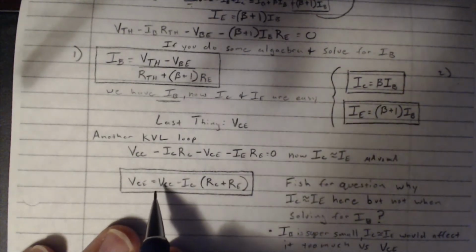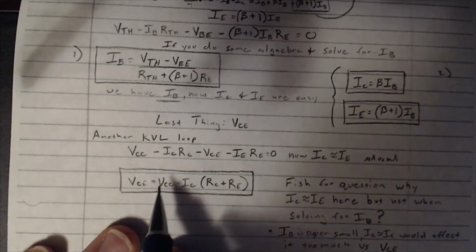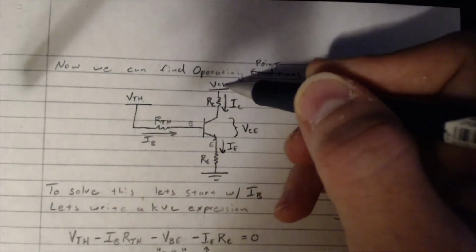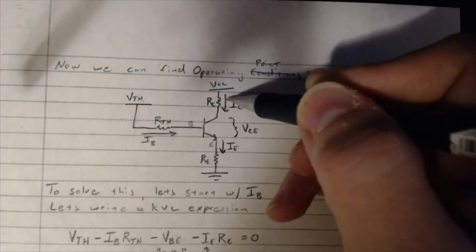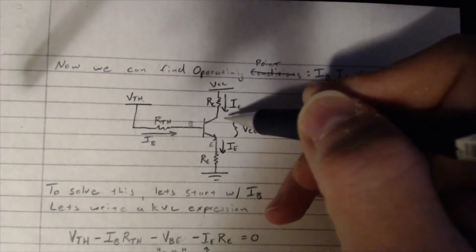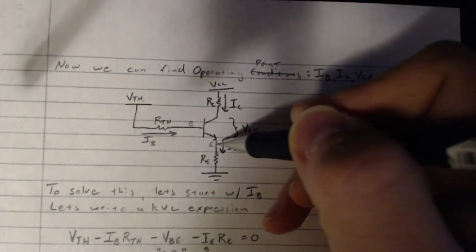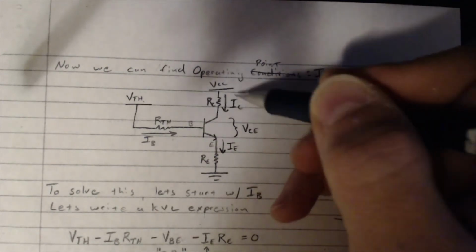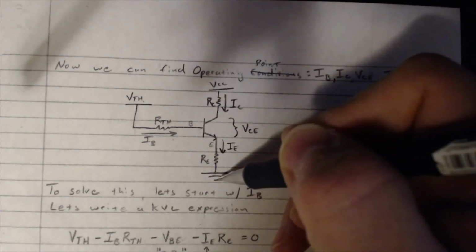Now, we're going to go ahead and just write another KVL loop. Okay, so over here, all we're doing is expressing a Kirchhoff's voltage law loop from VCC across the voltage drop from the collector resistor, across the voltage drop VCE, and across the voltage drop across the emitter resistance. Okay, so we start at VCC, end up at 0 volts.